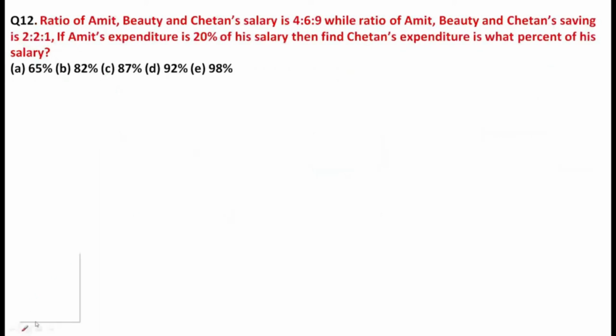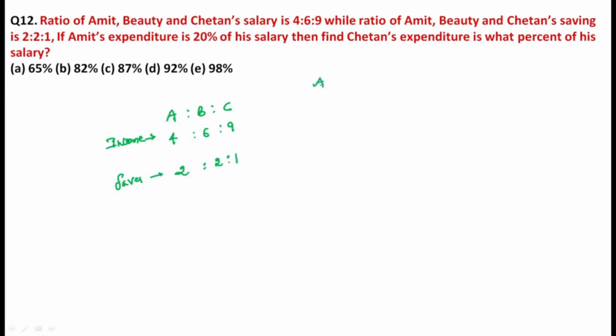The next one. The ratio of Amit, Dutt, Chetan's salary, salary means income, is 4 is to 6 is to 9. And the savings ratio is 2 is to 2 is to 1.